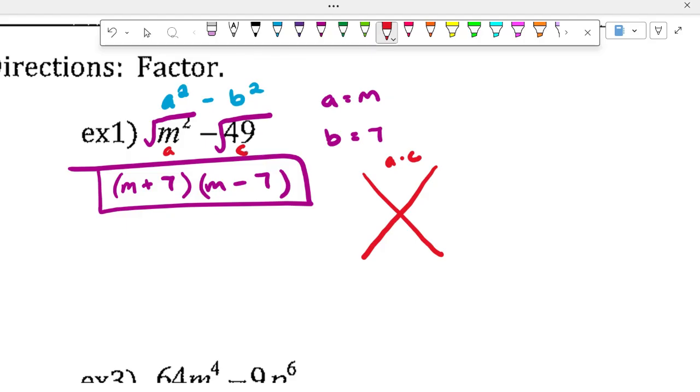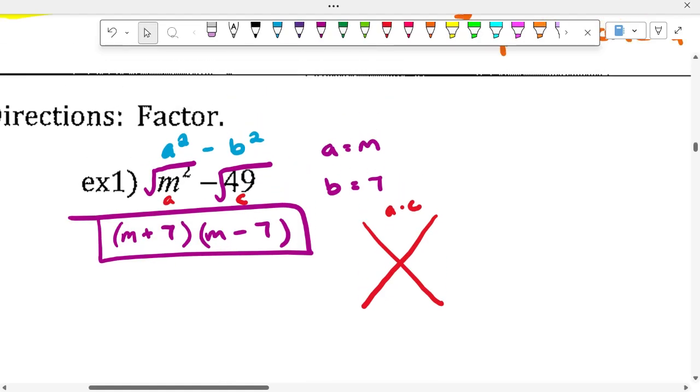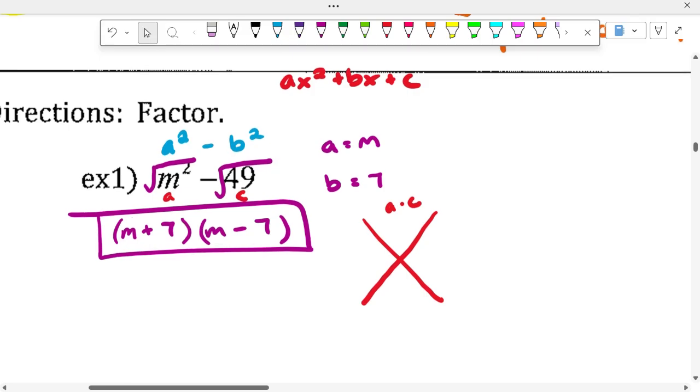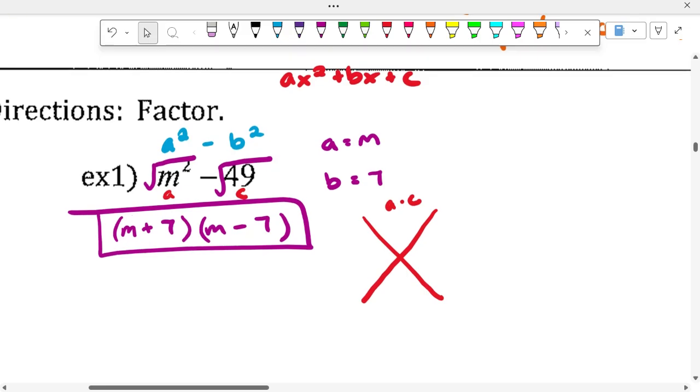So this is A, this is C. Because remember, we're putting it in the form ax squared plus bx plus c. So since there's no x value, the 49 is c. So what's A times C? 49m squared. What's my b value? If there's not a b value, we put what as a placeholder? 0.